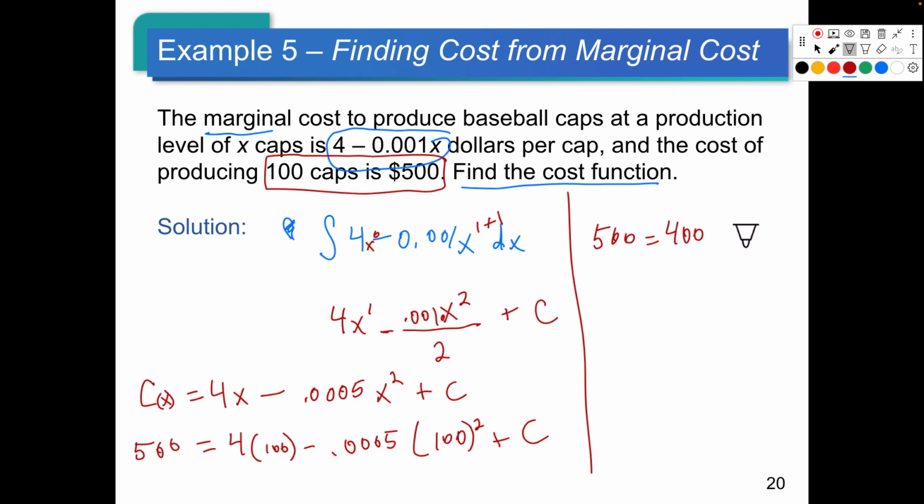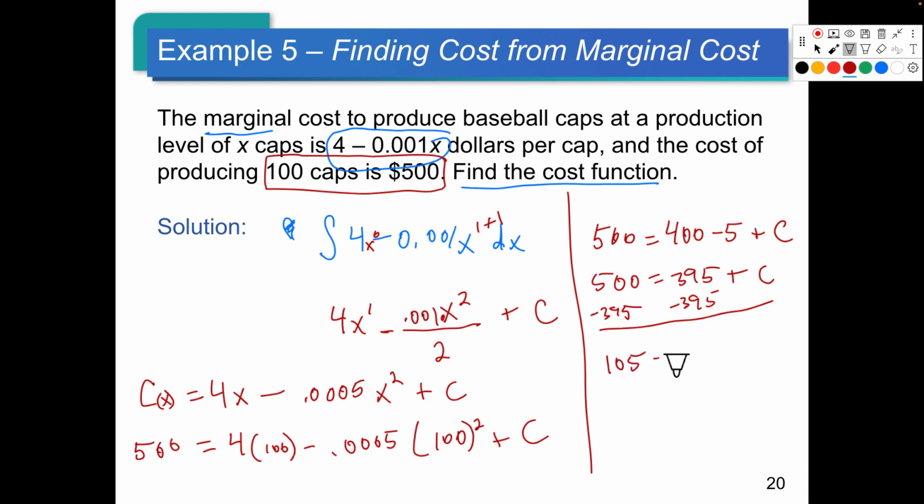Yes. So that part is just minus 5 plus a constant. So that's $395 plus a constant. Subtract 395 from both sides, and we get 105. Is that right? Is our constant. So that's our fixed costs.